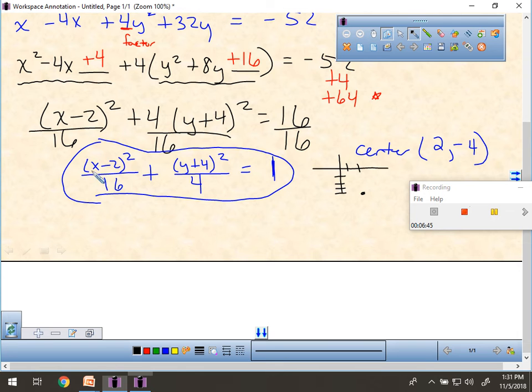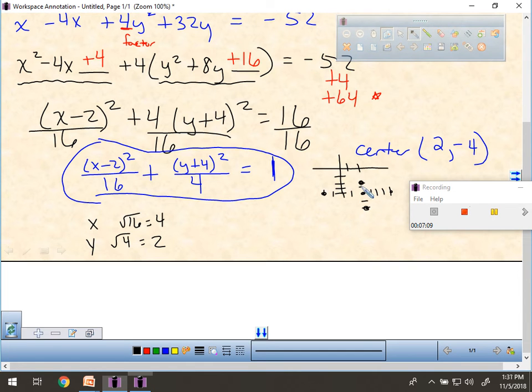So there's my center right there. And then the x number below that is 16. So for the x-axis, the square root of 16 is 4. So from the center, I'm going to go left and right 4. So 1, 2, 3, 4. So go left and right 4. The y-axis, see the number below that is 4. So the square root of 4 is 2. So I'm going to go up and down 2.